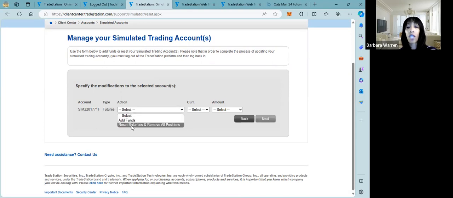And so for just demonstration purposes, I'm going to select Reset Balances and Remove All Positions. And you want to select the balance that's reasonable for you to trade with, because it starts you out with $1 million in your account. And that's typically not reasonable for anyone, a normal person, to have. So that's why you always come here and reset your account balance.